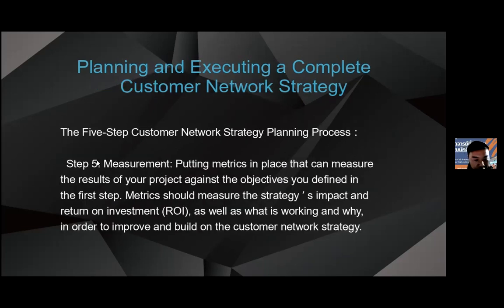Step 5, measurement, putting metrics in place that can measure the results of your project against the objectives you defined in the first step. Metrics should measure the strategy's impact and return on investment, as well as what is working and why, in order to improve and build on the consumer network strategy.